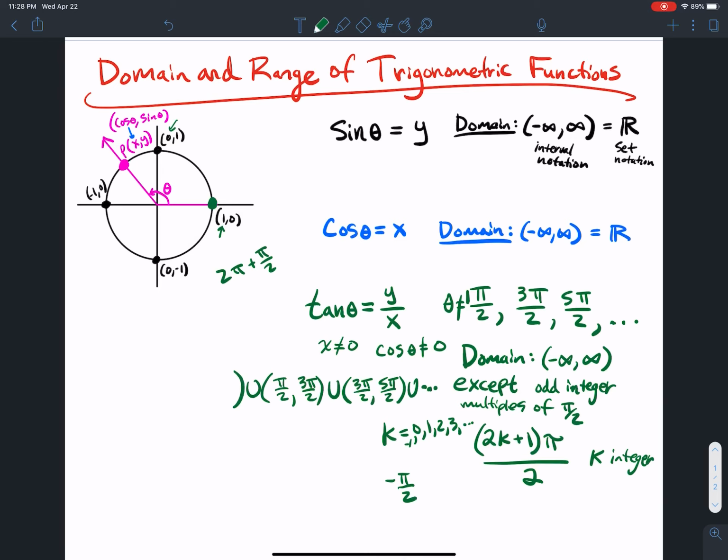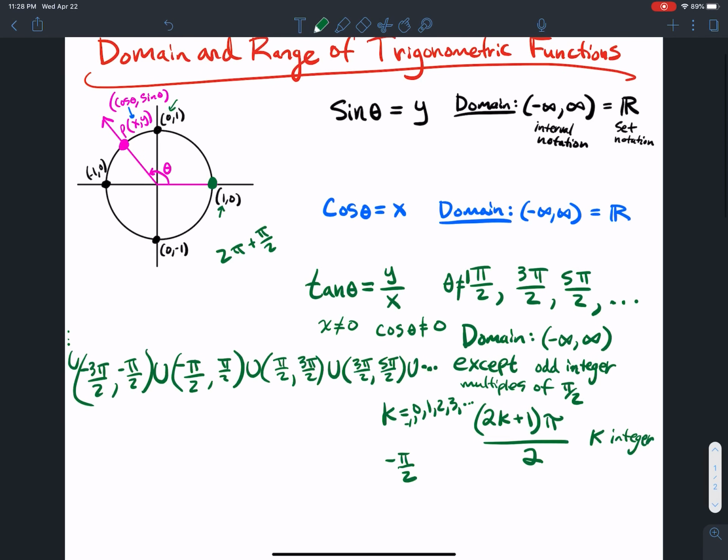And you could also go back an odd multiple: negative pi over 2 union negative pi over 2 to negative 3 pi over 2, and then union, and so on, forever and ever. That would be the domain there, okay?